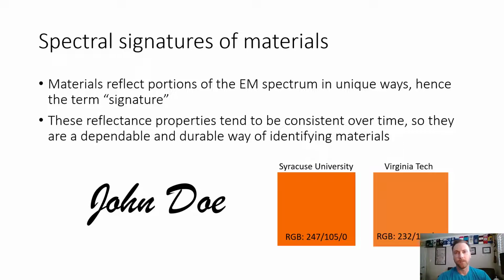Well, in the same way, objects and surfaces have their own unique signature that only represents those specific things, those specific combinations of molecules, essentially. So these reflectance properties tend to be consistent over time, so they're a dependable and durable way of identifying materials. And I will also add to that, they tend to be consistent over space.